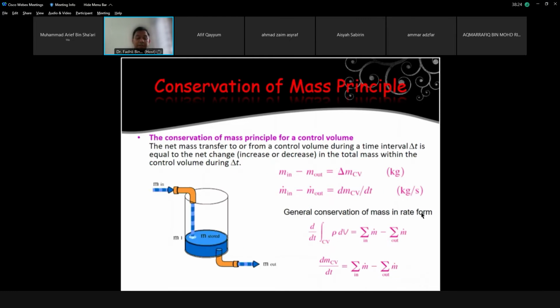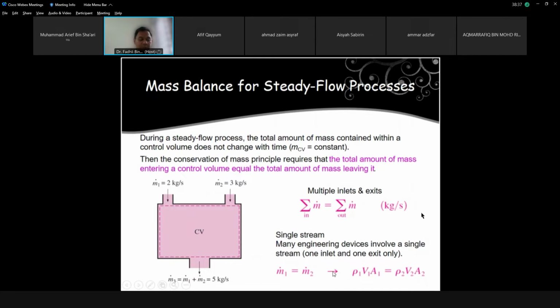Yang ini lah, this one is equal to zero. From the knowledge here, we know that dmcv over dt is equal to zero. So therefore, the equation of conservation of mass, or we can say mass balance equation, becomes this one. Sigma in m dot equal to sigma out m dot.